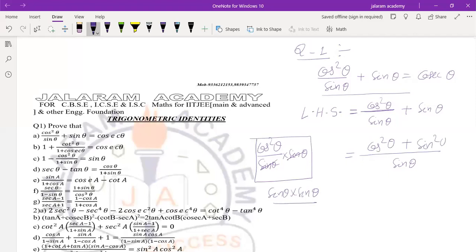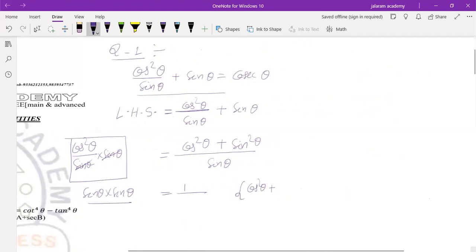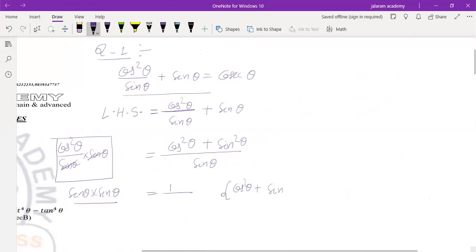The second term is sin theta, and when we multiply it with the LCM sin theta, it is sin square theta. Now cos square theta plus sin square theta is the square identity, whose value is 1. We know that cos square theta plus sin square theta equals 1, which we have proved before this. So in place of cos square theta plus sin square theta in the numerator, we take 1 upon sin theta.